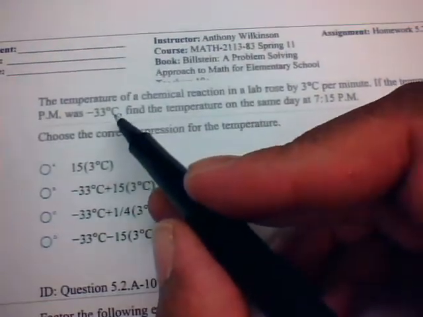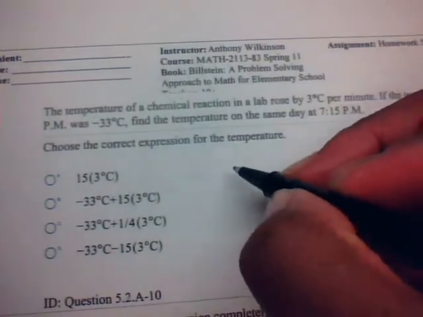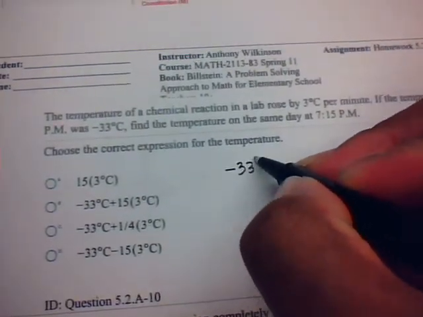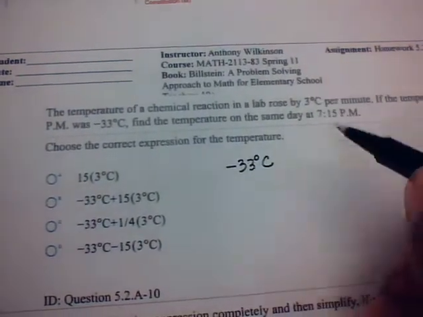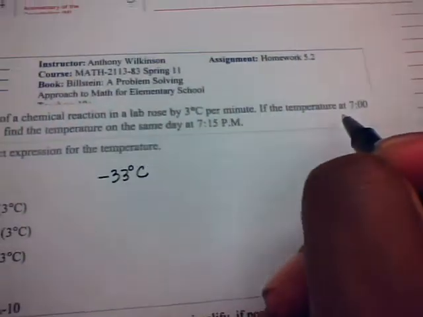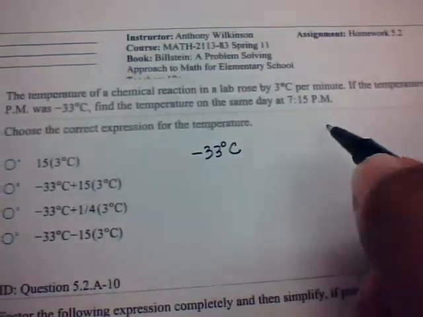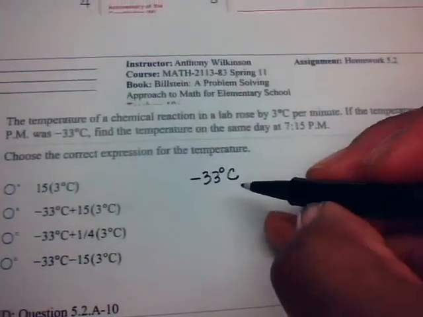Now, in this case here, it was negative 33 degrees Celsius at the time. Now, from 7 o'clock to 7:15 p.m., that time span was 15 minutes.